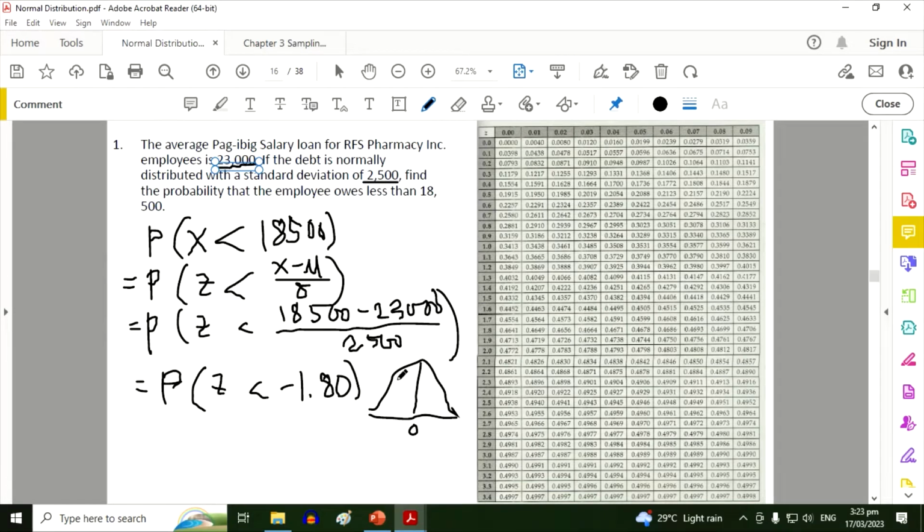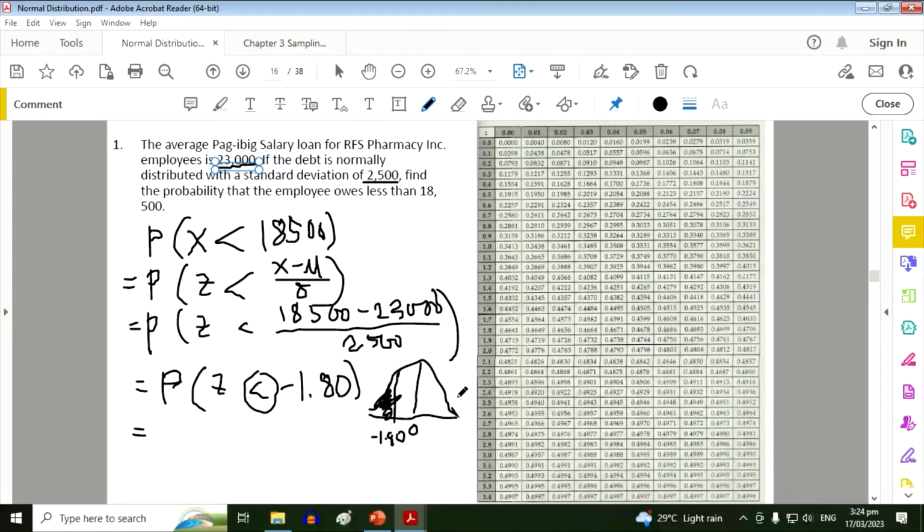The negative 1.8 is on the left side. And since this is less than, the shaded part is on the left side.